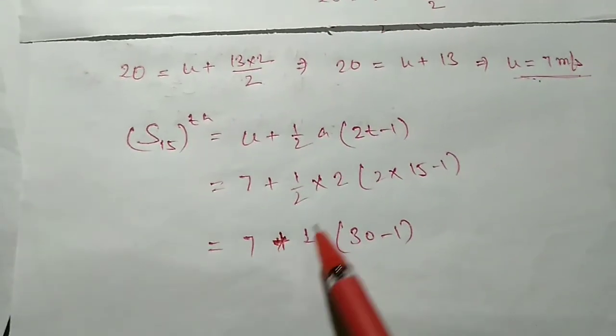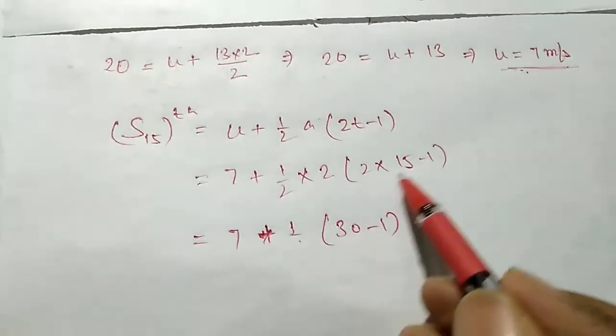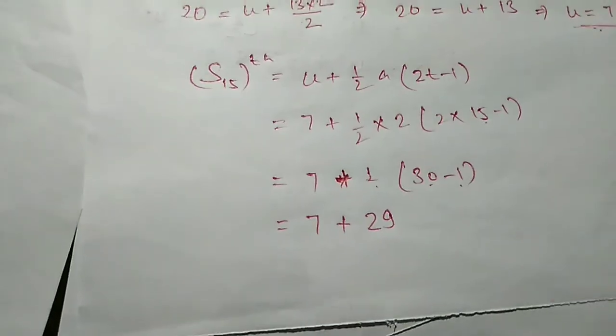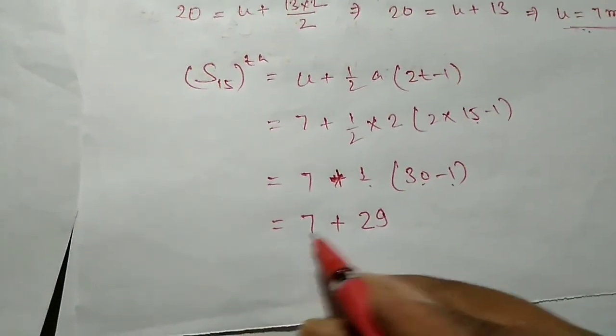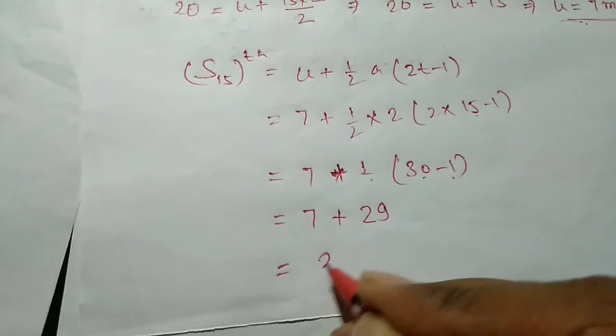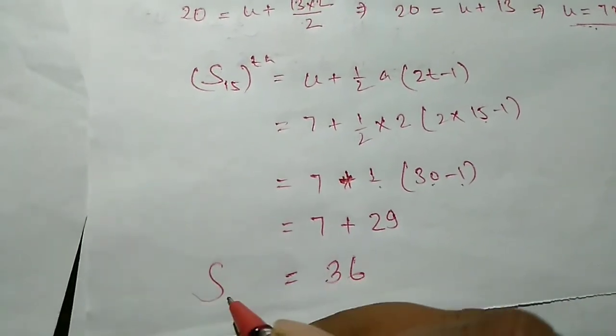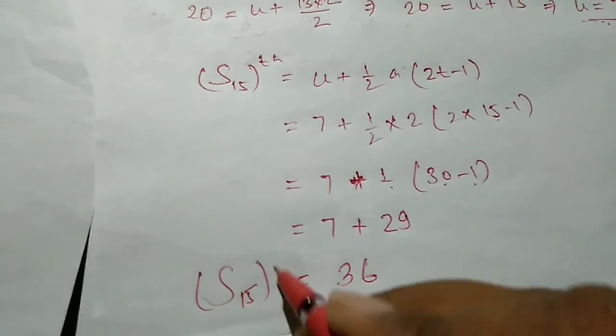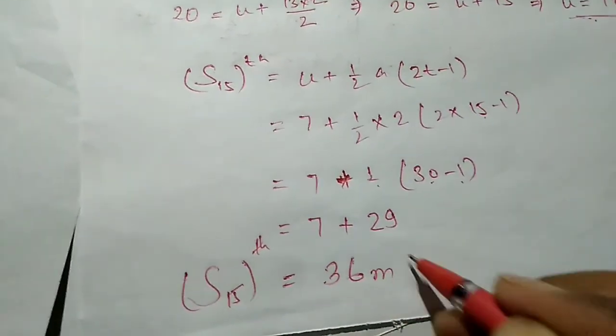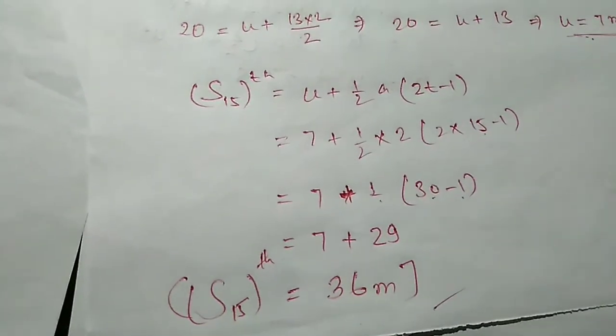So 7 plus, this is cancelled, so 1. 15 twos are 30 minus 1, and 30 minus 1 is 29. 29 plus 7, so this comes 36. So the distance traveled in the 15th second is 36 meter.